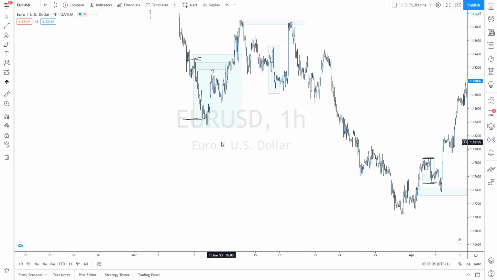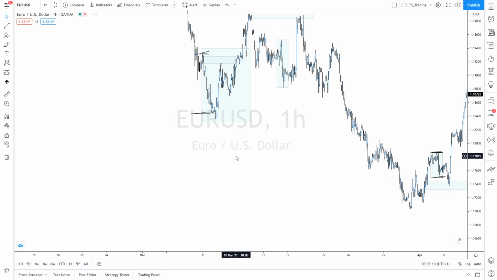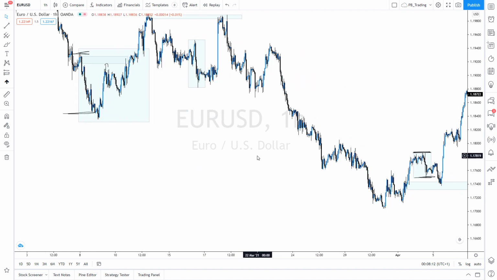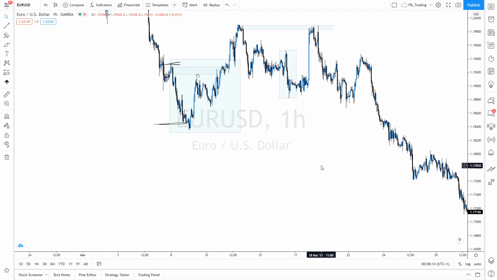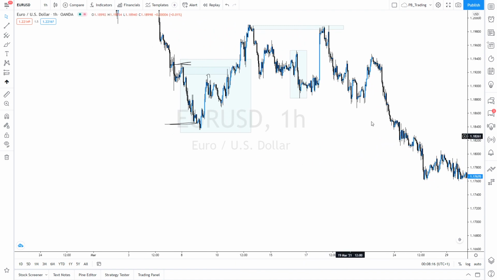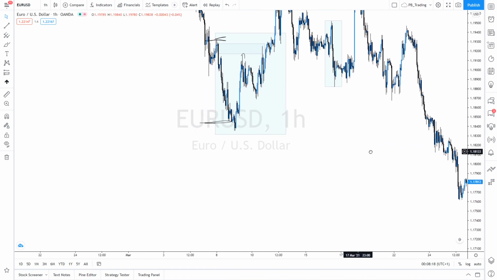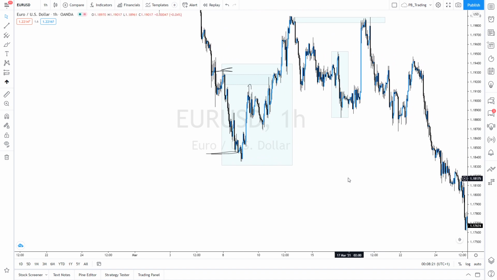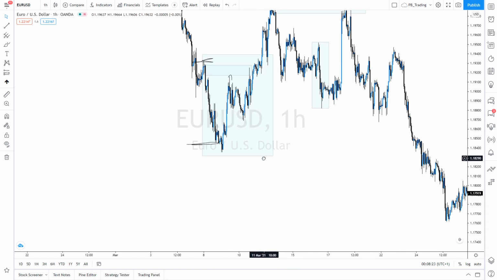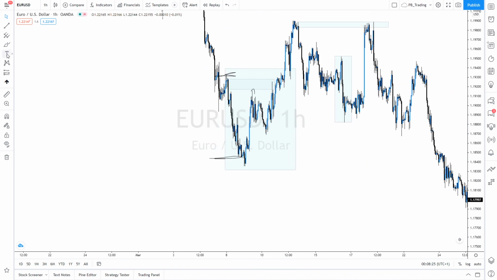But nonetheless, it depends on you and the type of trader you are. So if you're marking out our daily range, you're looking at here as our daily high, and here as our daily low.